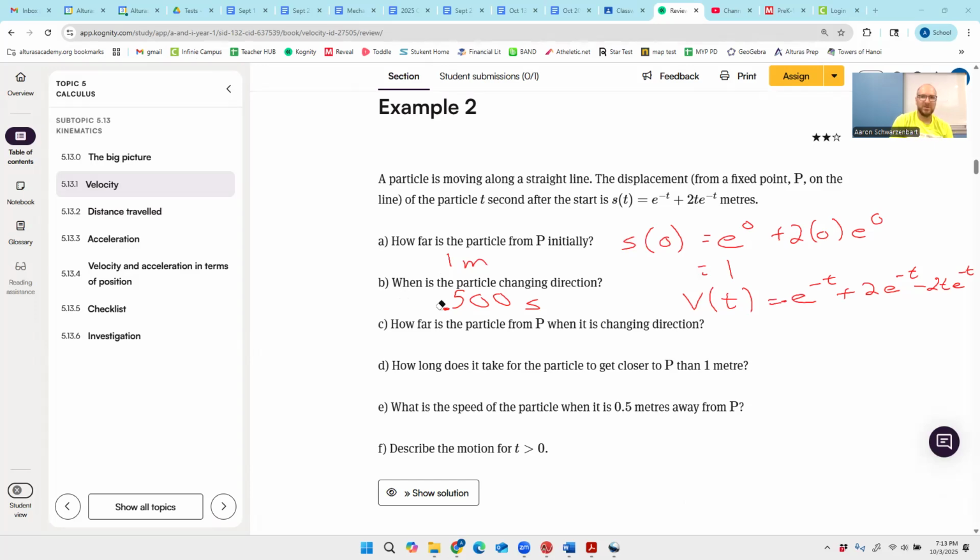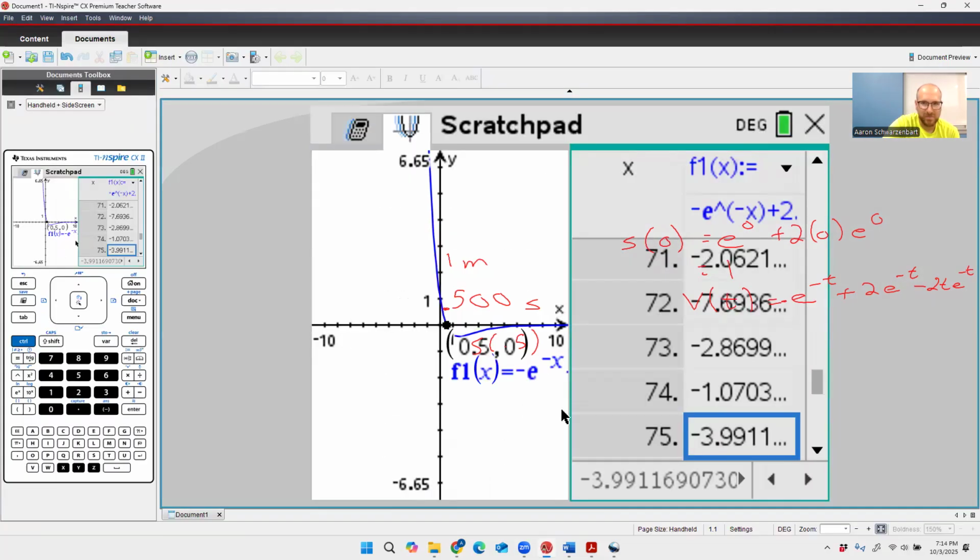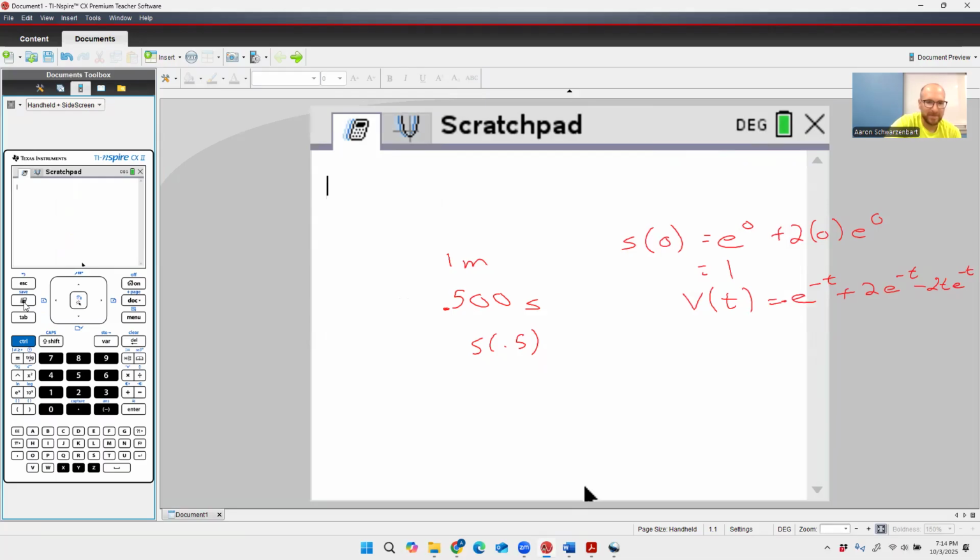How far is the particle from P when it's changing direction? That's s of 0.5. So I can do that on the calculator. I'm going to clear some of this out, because I entered my thing into F1, F1 of 0.5.